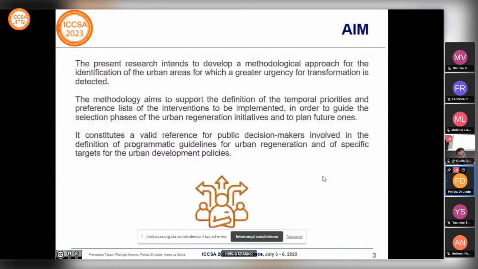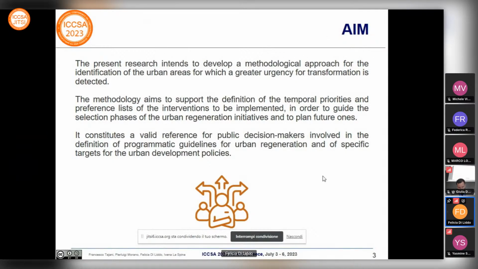The present research concerns the relevant and current issue of urban regeneration. In particular, a methodological approach has been developed for the identification of the areas included in a city district or a larger macro area for which a higher urgency of urban redevelopment is detected.